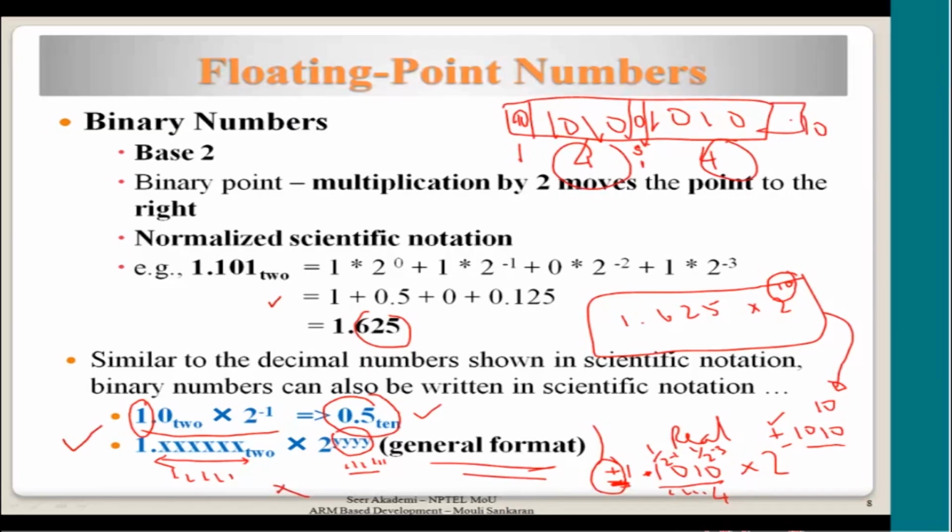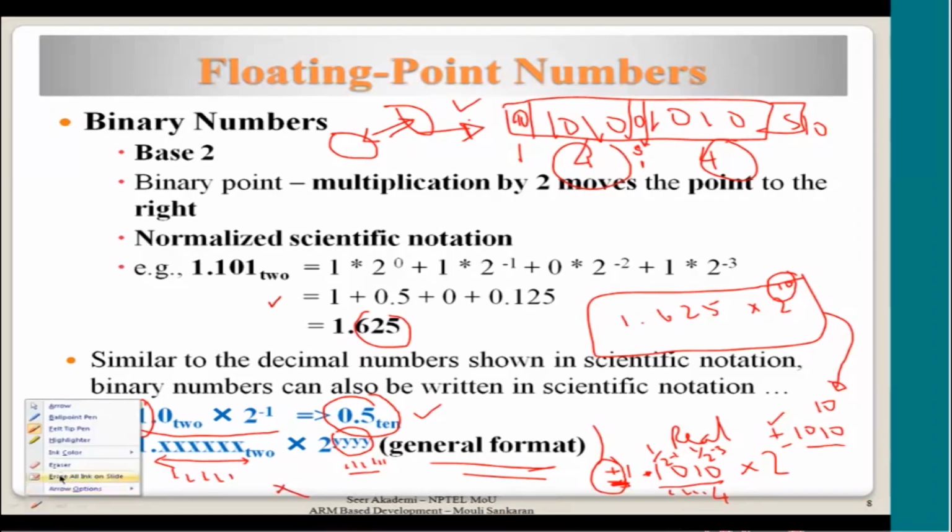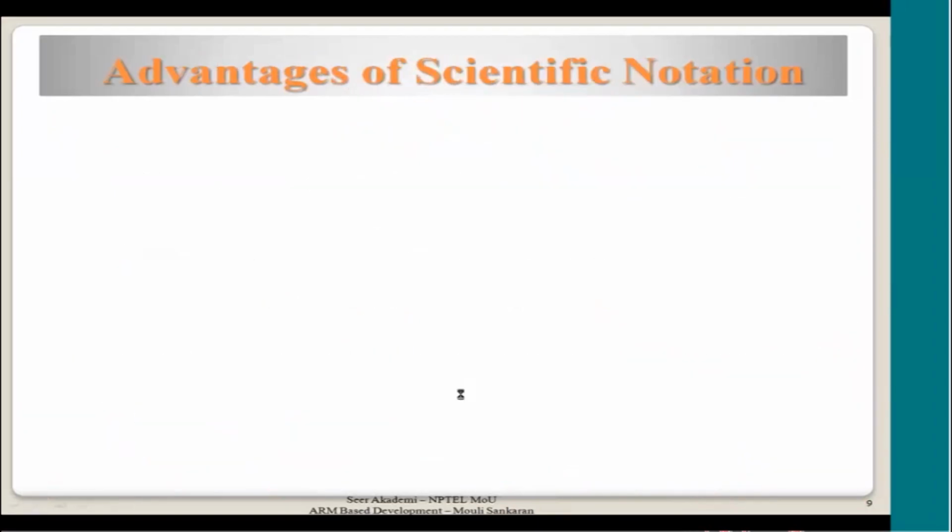If everybody implements a floating point or real number representation in a computer using different formats, it will be difficult for 2 processors from 2 different countries or companies to work together. They won't understand each other. So there should be some universal notation for everybody to follow. That is what the IEEE 754 has tried to do.